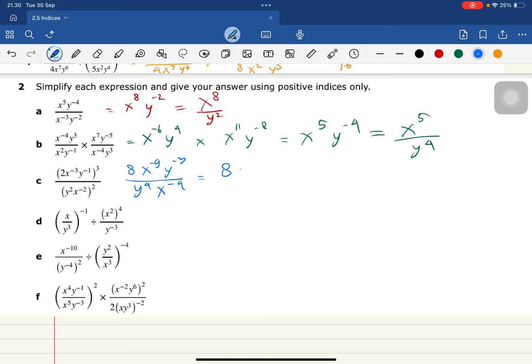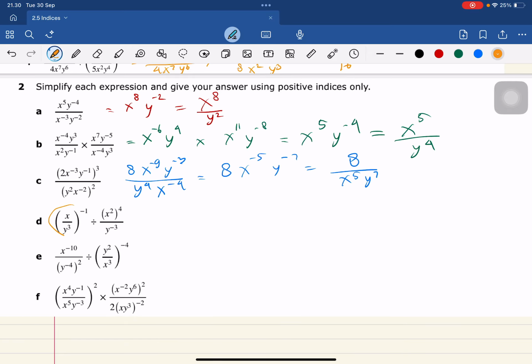For the x, minus 9 minus 4 is going to be x minus 5. And then for the y, minus 3 minus 4 is going to be minus 7. So to make it positive, this has to be 8 over x power of 5 and then y power of 7.